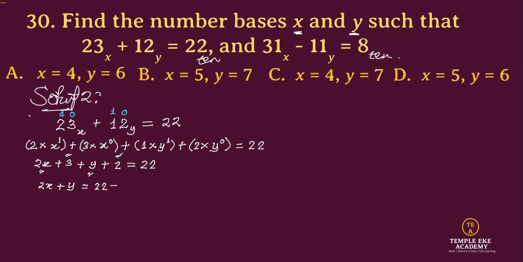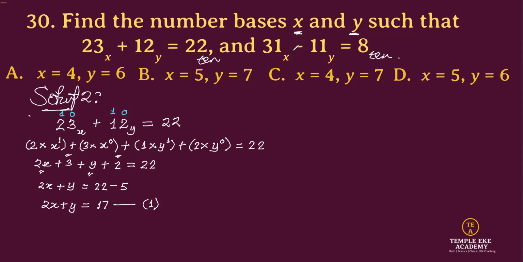Now subtracting that 5 from both sides, we take it over to the other side as minus 5. And generating the equation 1, we have 2x plus y equals 22 minus 5, which gives us 17. We take this as our equation 1, awaiting the development of equation 2 from the second expression given to us.